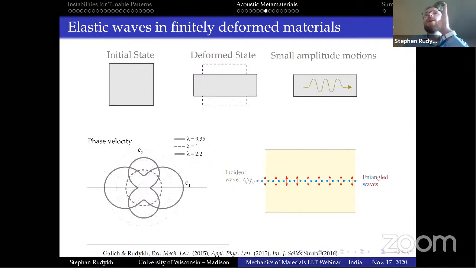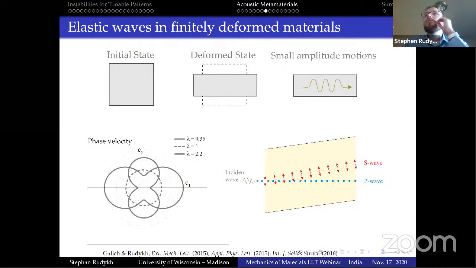You can disentangle, you have an interface of this deformed material and undeformed material. Then you can manipulate, you can actually make these elastic waves disentangle and send the pressure and shear wave in different directions, that of course typically travel together.